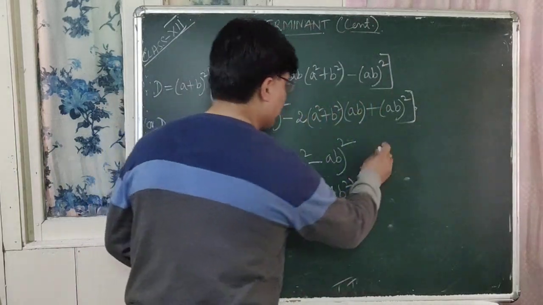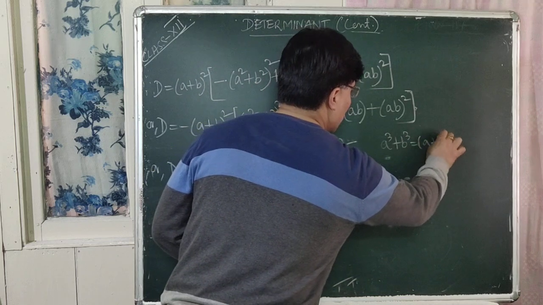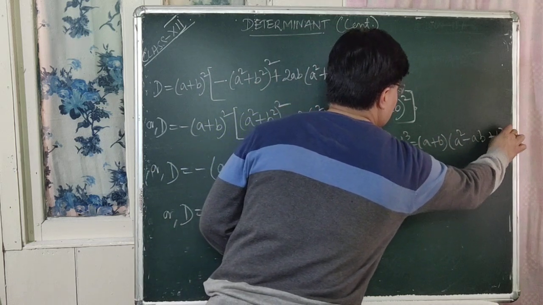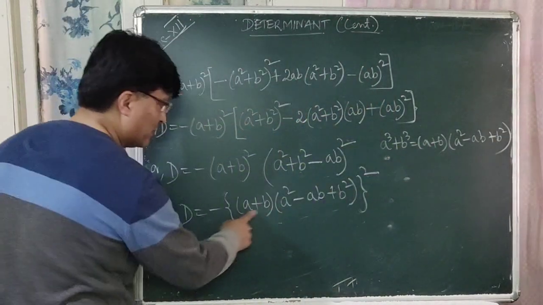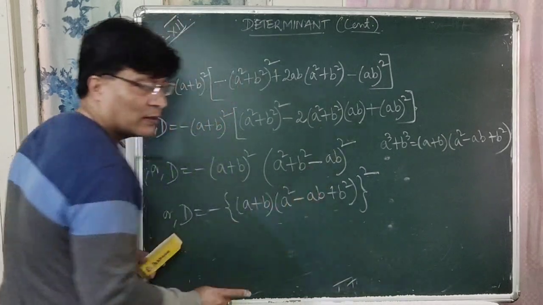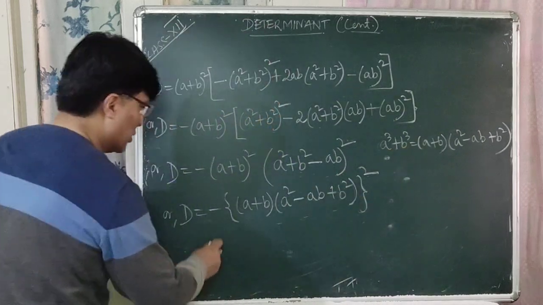That is a cube plus b cube is equal to, what is the formula? A plus b into a square minus ab plus b square. So the same formula is there, isn't it? So what can you write instead of this factor? A cube plus b cube.